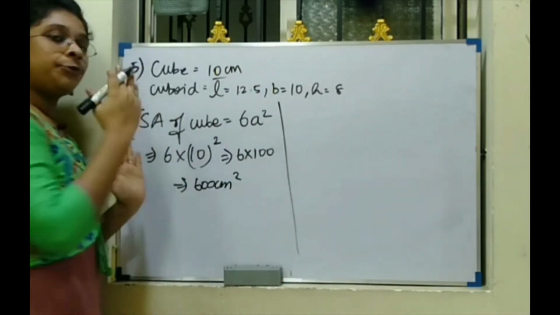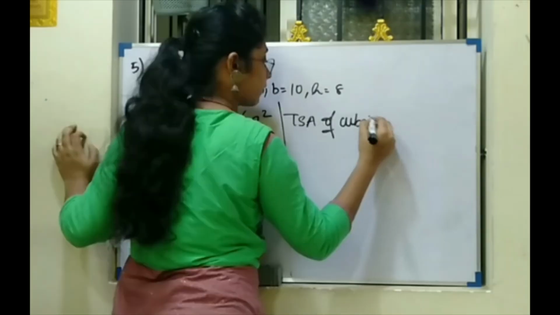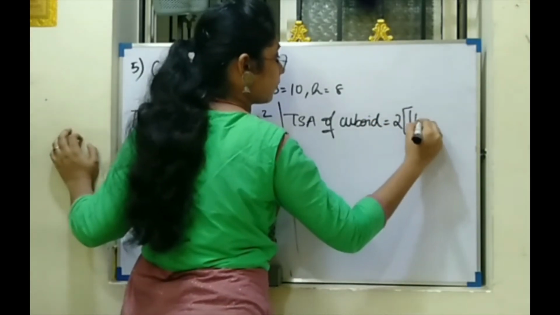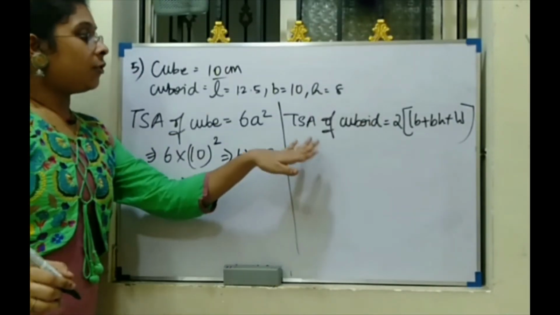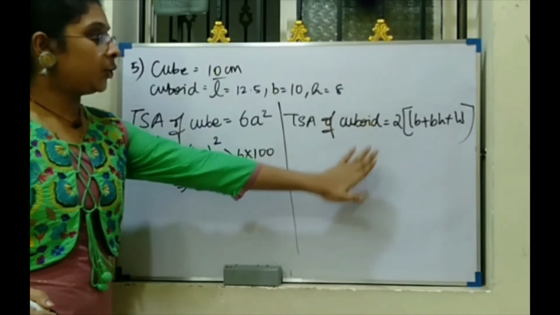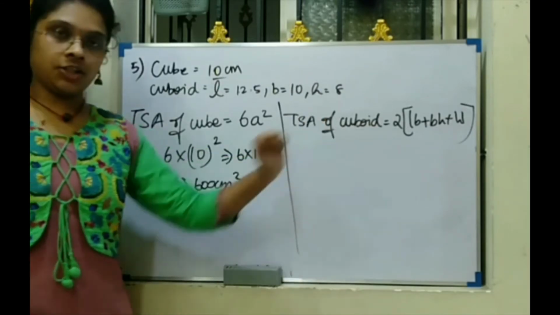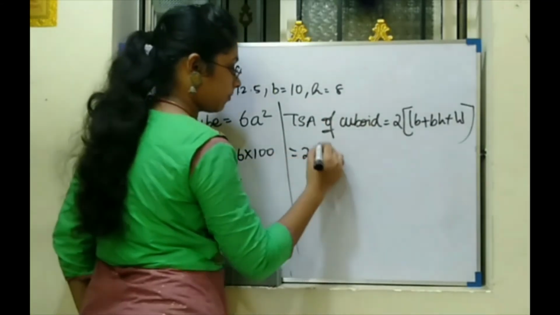Now, what is the formula for TSA of cuboid? Therefore, the total surface area of cuboid is equal to 2 into (LB plus BH plus HL). Now, let's substitute the values.